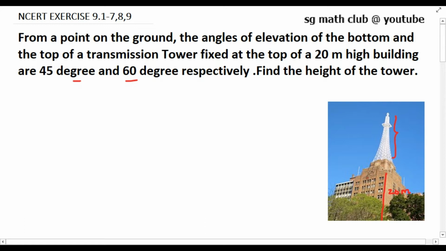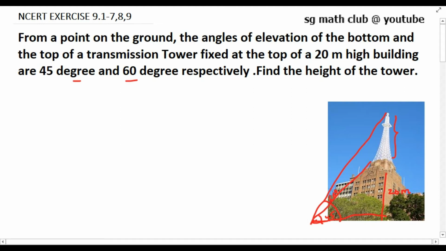From a point on the ground, the angle of elevation of the bottom as well as the top of the tower. So it is 45 degree at the bottom, as well as at the top it is 60 degree. So like this is the figure.